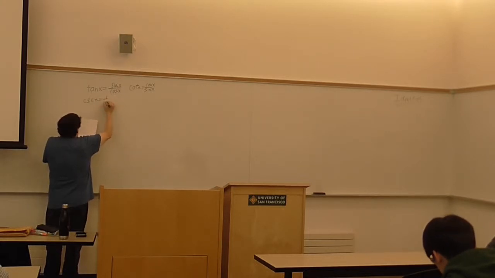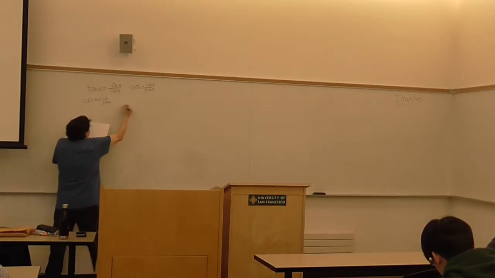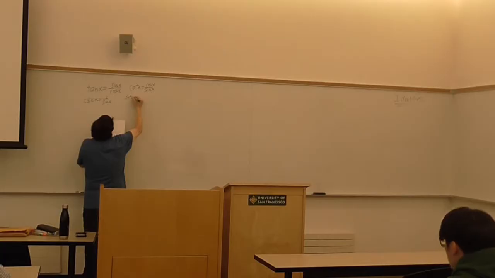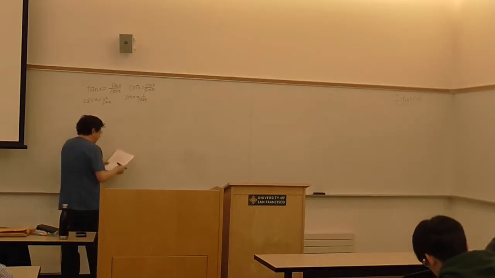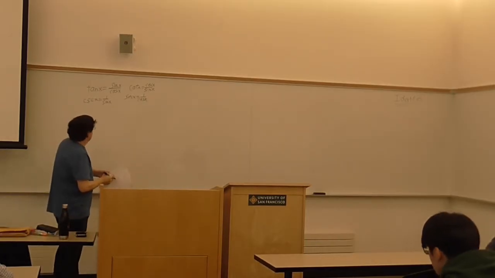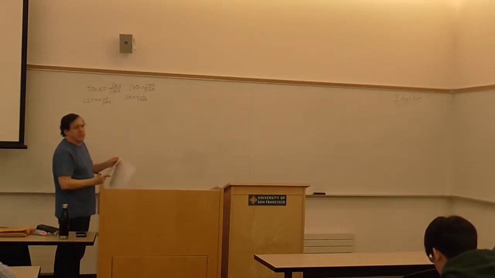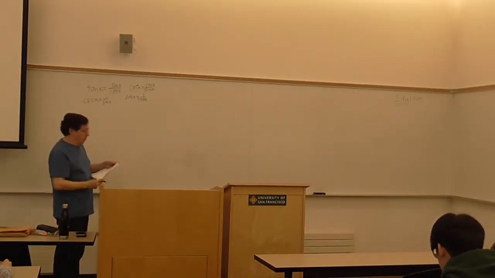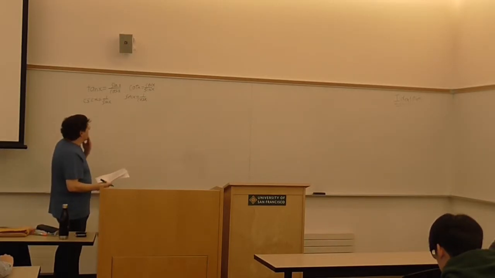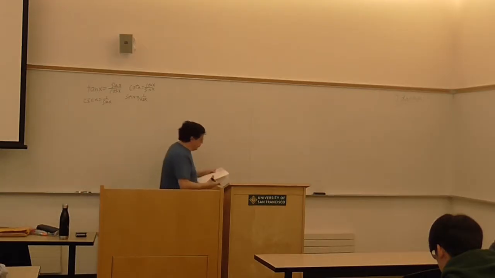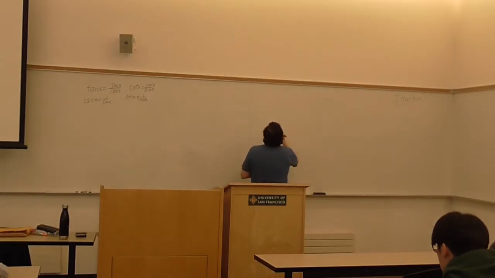The cosecant of x is 1 over the sine of x, and the secant of x is 1 over the cosine of x. Okay, so I think the book calls these fundamental or basic identities. Let's try doing a very simple proof.